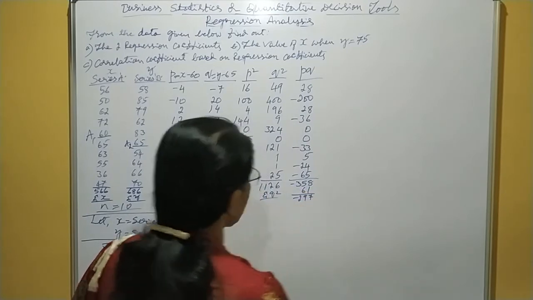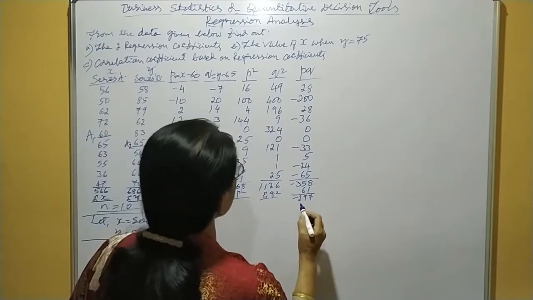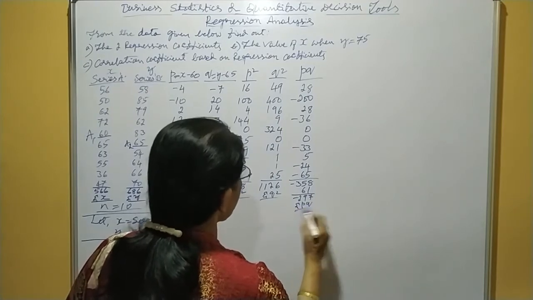Here highest value sign is minus, 297, that is sigma pq.